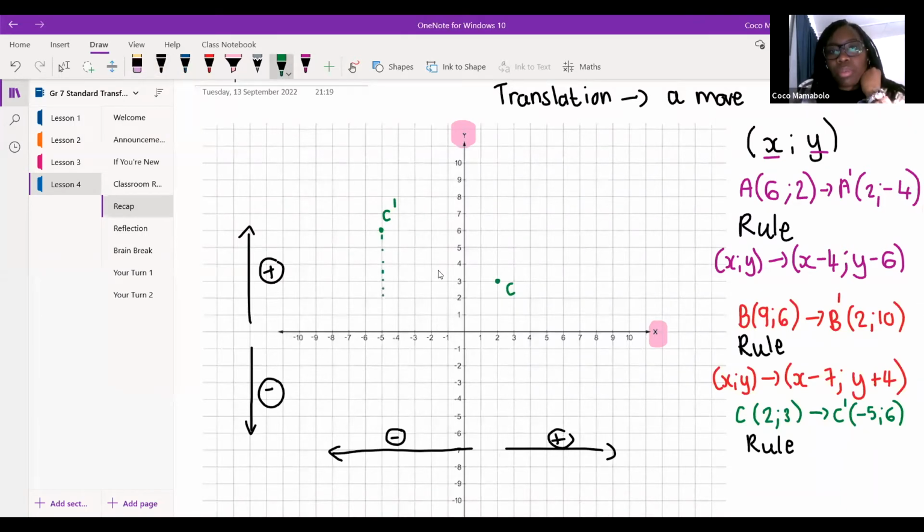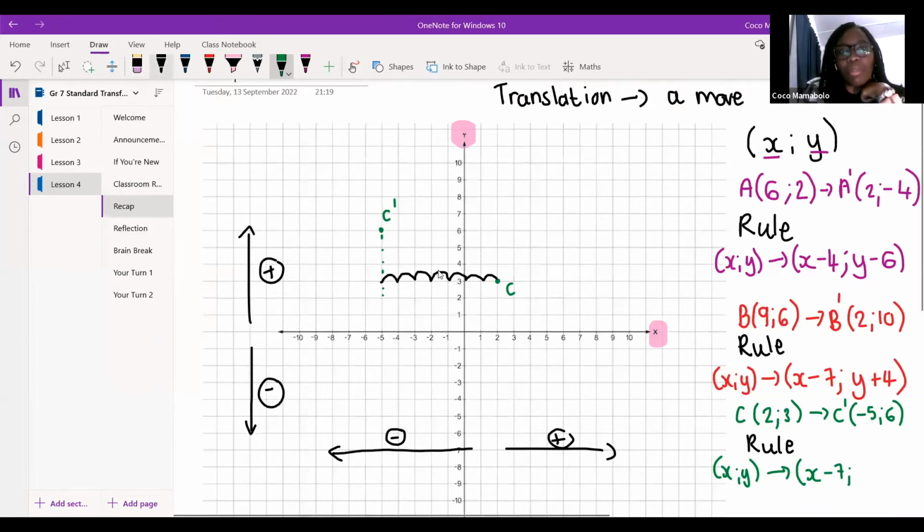We're going to move to the left. Good. Let's count how many times to the left we're moving. 1, 2, 3, 4, 5, 6, 7. 7 times, right? So my rule is going to say I move from XY to, what is my X rule going to be here? X -7. Very well done.